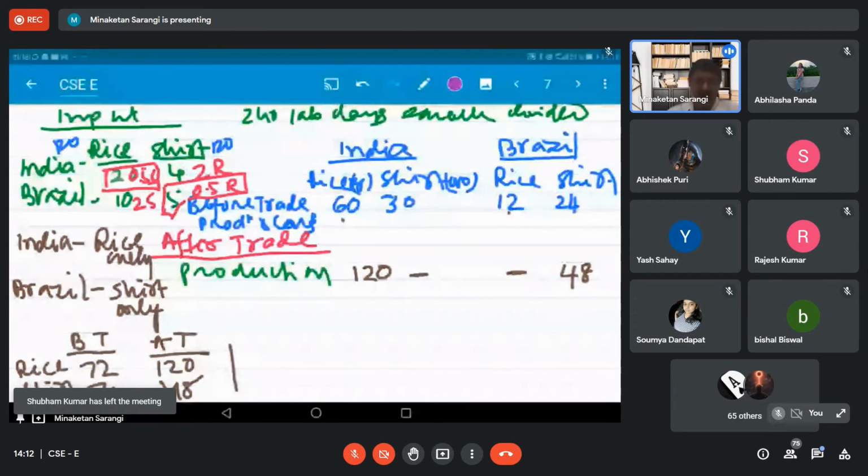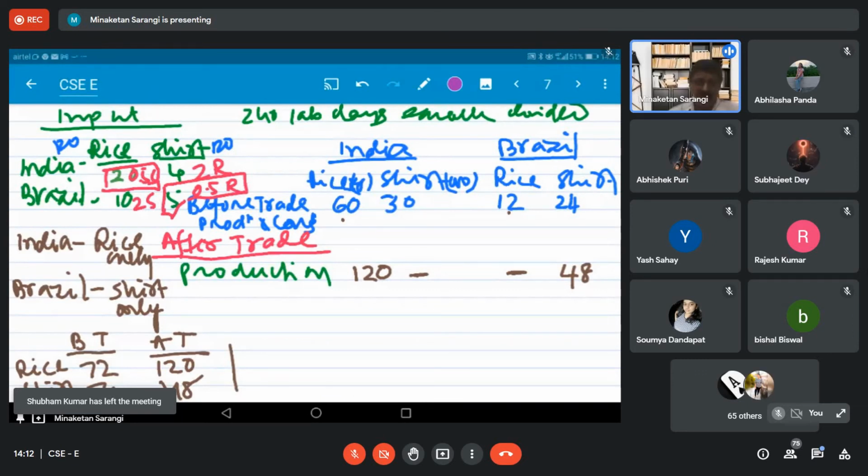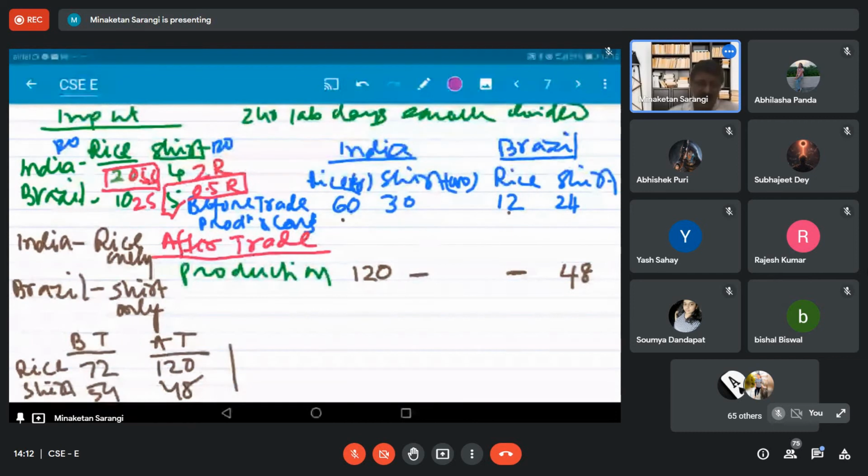Now, in this case, India has the comparative advantage over the production of rice, but Brazil has the comparative disadvantage in the production of rice. And we have the production of rice made by India is more than that of the total production made by India and Brazil before trade.